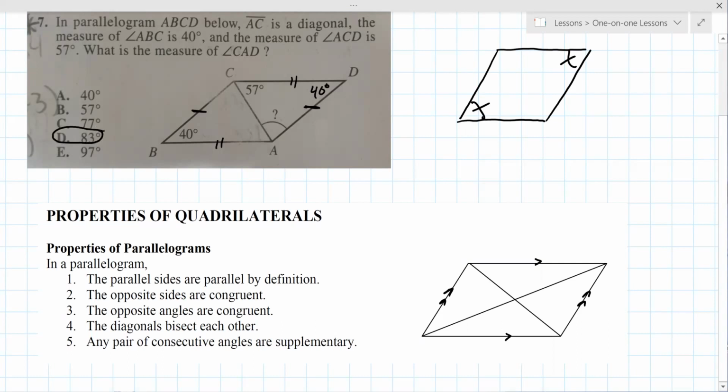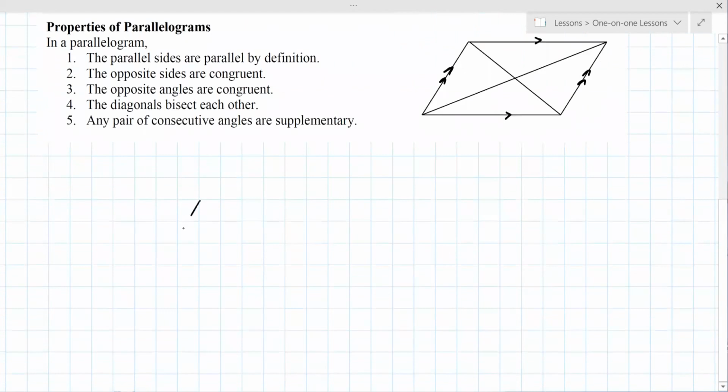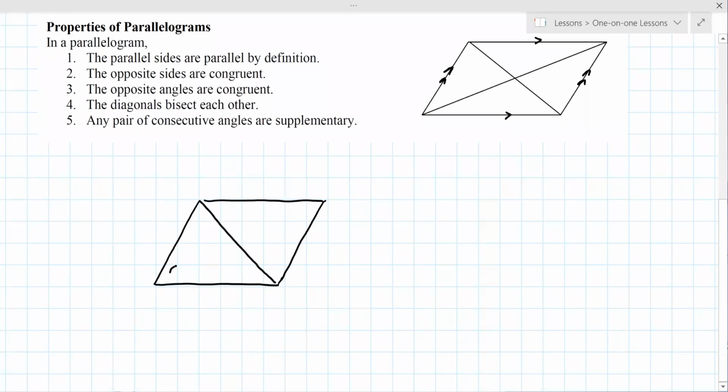So let's do a bit more on this. Okay, so let's say this is 50 degrees. This is 36 degrees. I want you to find X again, so do the same thing.